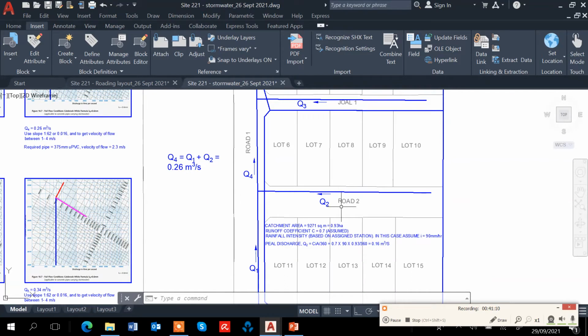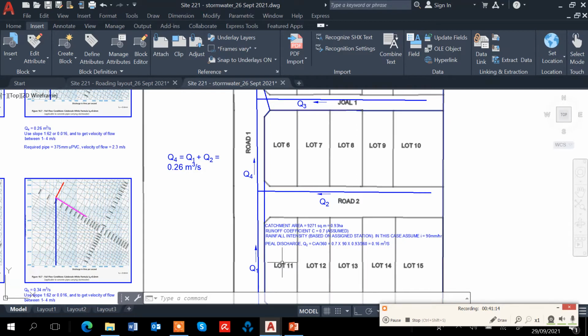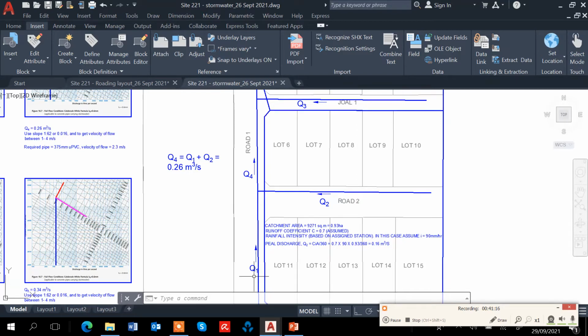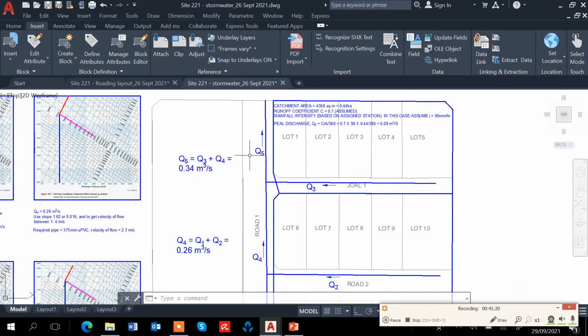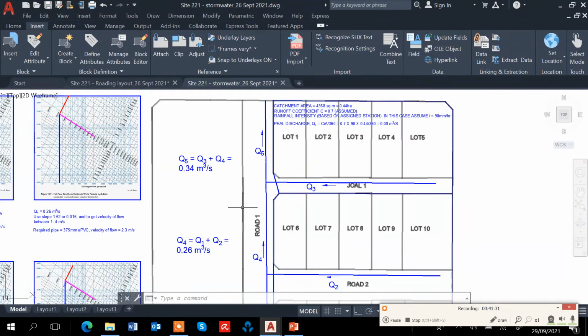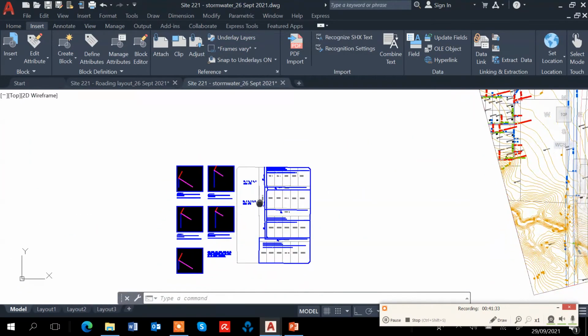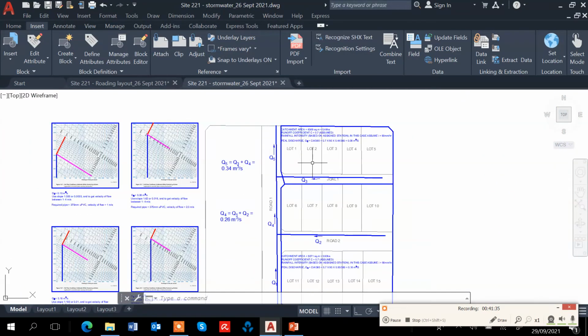So Q2 is 0.16, Q1 is 0.1, so that gives us 0.26. And Q5 is equal to Q4 plus Q3: 0.08 plus 0.26 gives us 0.34. So we have all the peak discharges from Q1 to Q5.